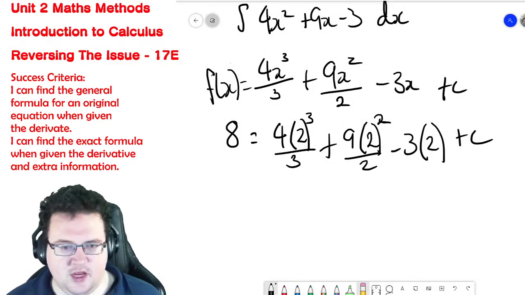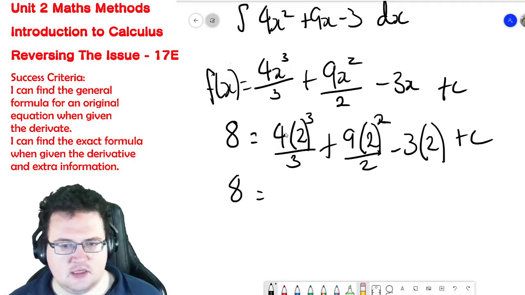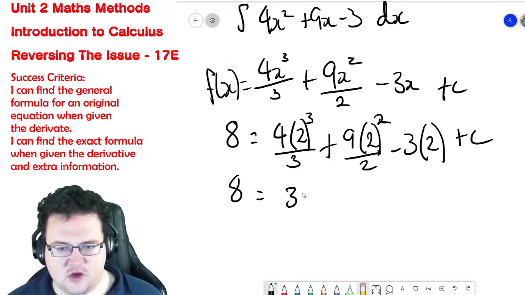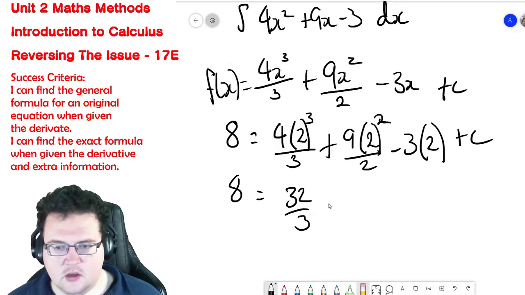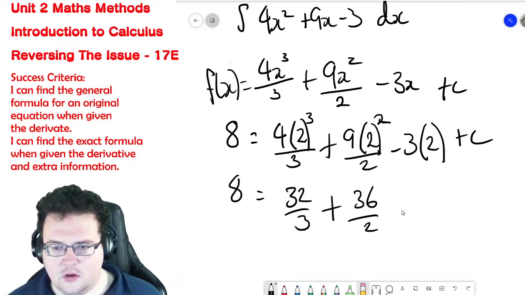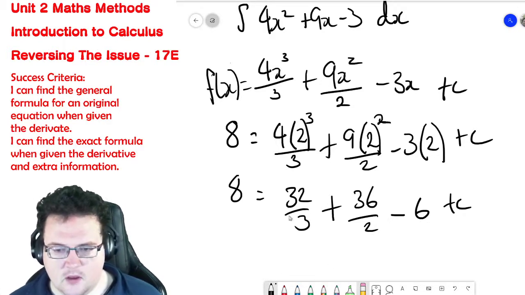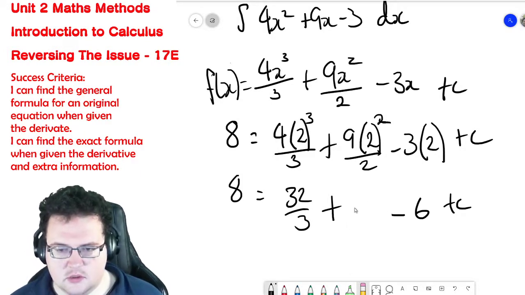So that means we're going to have 8 equals, so that's 2 cubed, so that's 8. So it's 4 times 8, so it's 32 over 3, plus 2 squared is 4. 9 times 4 is 36 over 2, minus 6 plus c. 36 over 2 cancels down to become 18.